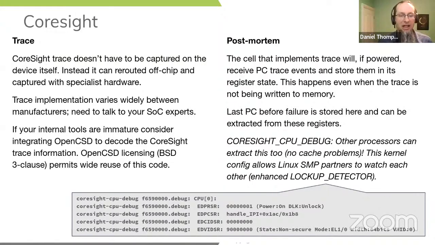It's a way to bring out just that little bit of information onto the printk buffer after it stopped dead. So if you have any kind of lockup information coming out, so it's not fully dead, it's giving you lockup information to say, I've locked up, but I don't know how. Then adding this CoreSight CPU debug might just get you that final detail of what the broken core was executing just before it stopped.